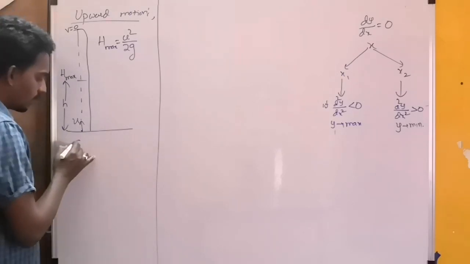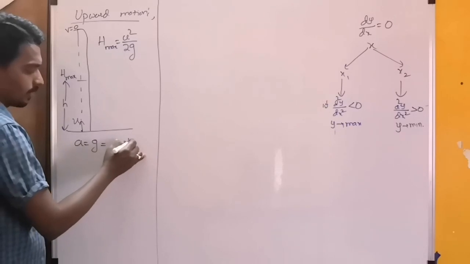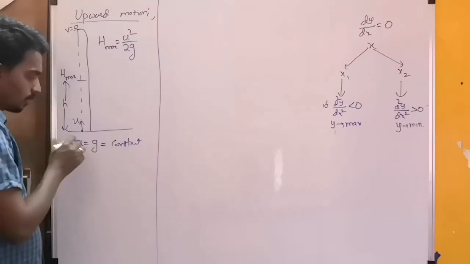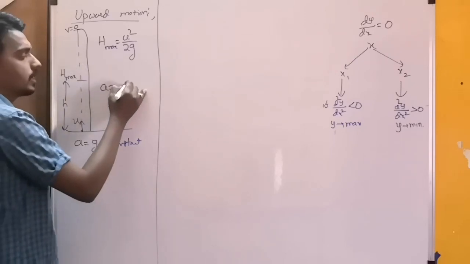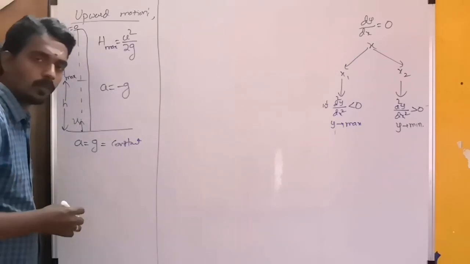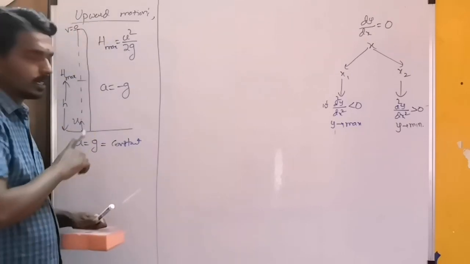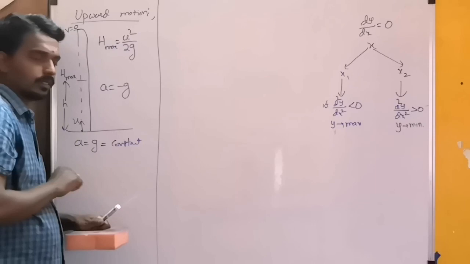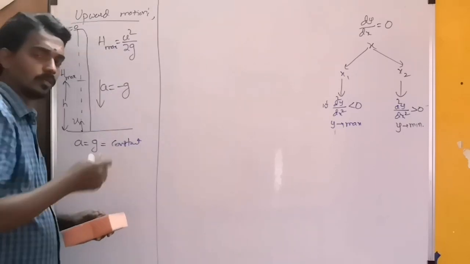Motion under gravity means acceleration g is constant. But here you are throwing up, so acceleration is negative. Why? Because you threw the particle up, the direction of motion is upward, but acceleration due to gravity is always down.